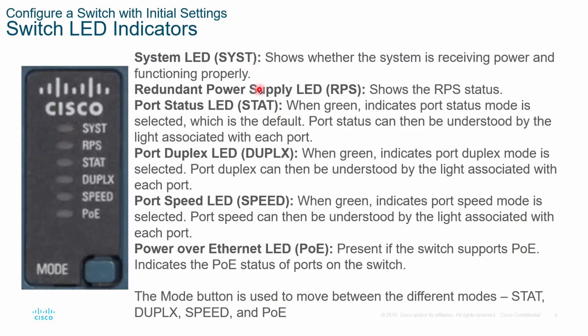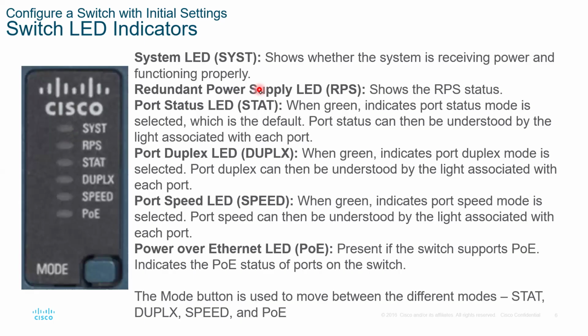Next, the redundant power supply, which shows the RPS status. When it's off, it means our RPS is off. Redundant power supply is basically a backup power. If it's off, it means we don't have backup power on our device. If it's green, backup power is connected and ready.